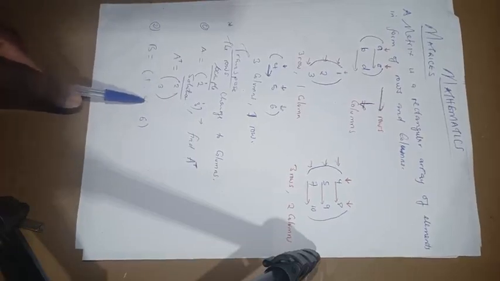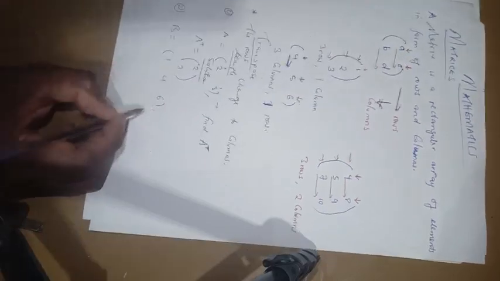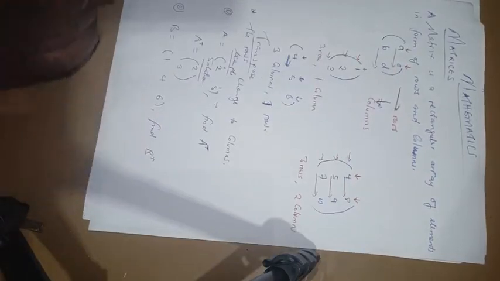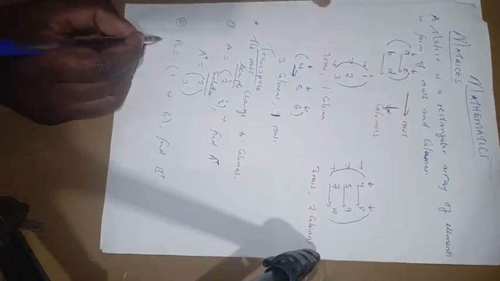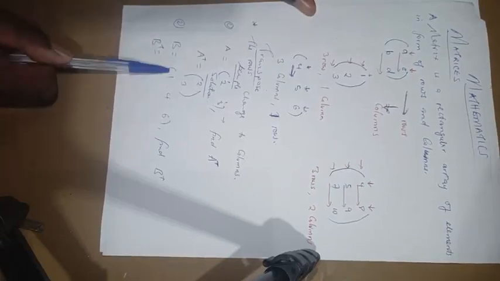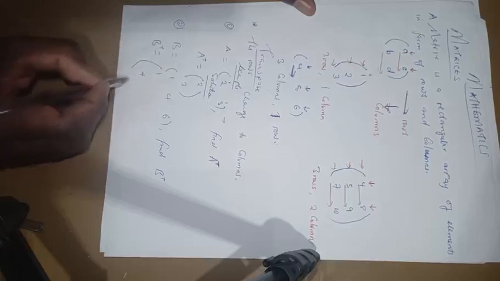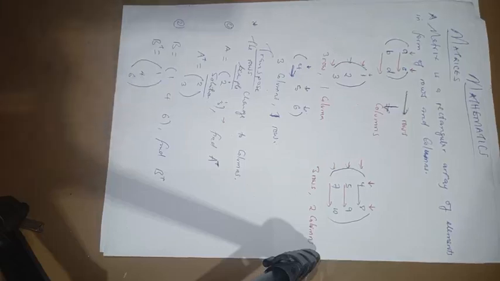Column number 1, column number 2, column number 3, but one row. How do you find the transpose of this matrix B? So again, just like the first question, you just say B T is equal to, the row becomes a column, 1, 4, 6. So that is the transpose of this matrix.